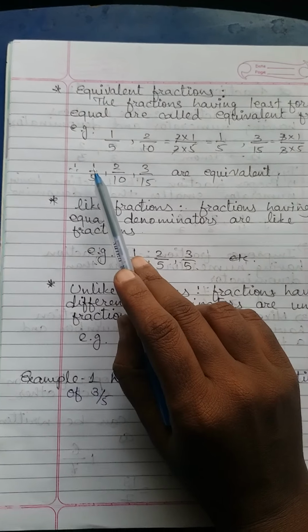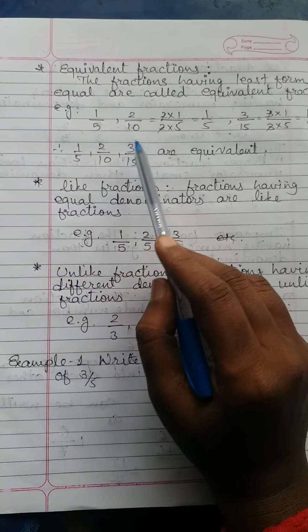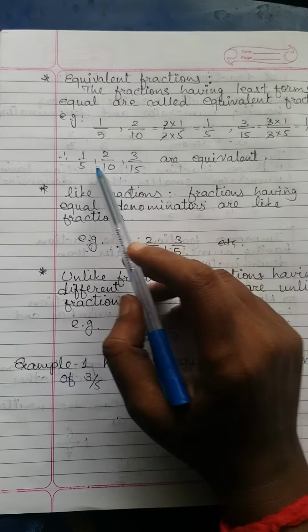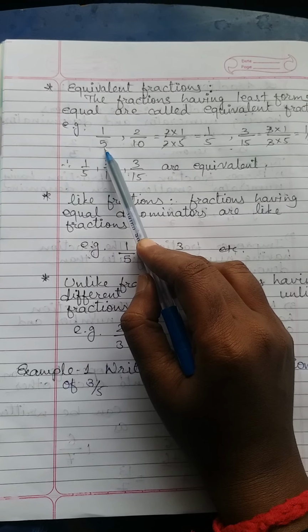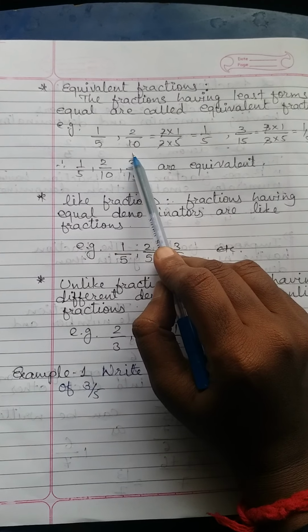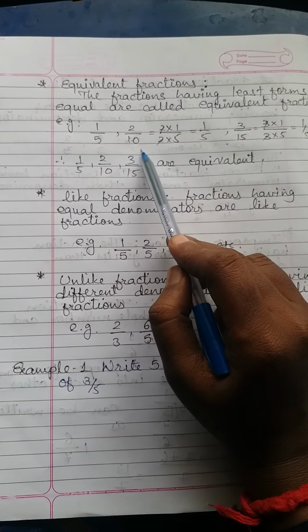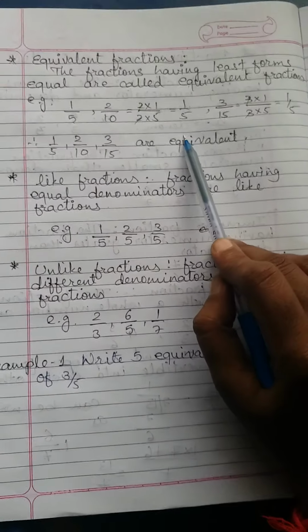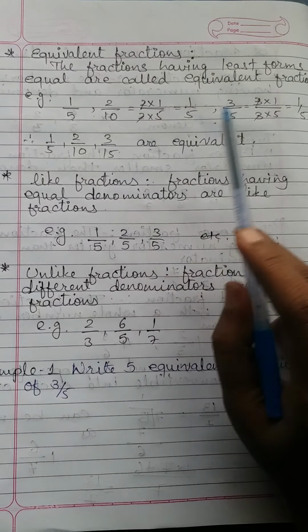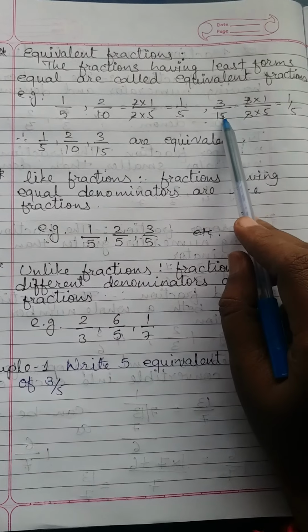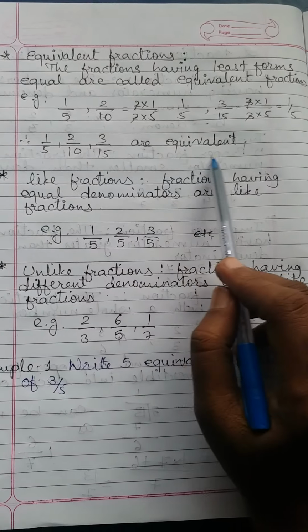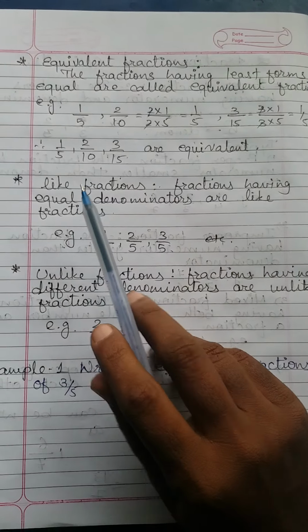For example, if you have been given 1 upon 5, 2 upon 10 and 3 upon 15. So 1 upon 5 is 1 upon 5 only. Instead of 2 upon 10, you can cut it with 2 ones are 2 and 2 5s are 10. That is 1 upon 5. In the same way, 3 upon 15 is given. Then 3 ones are 3 and 3 5s are 15. So 1 upon 5. These are equivalent fractions.